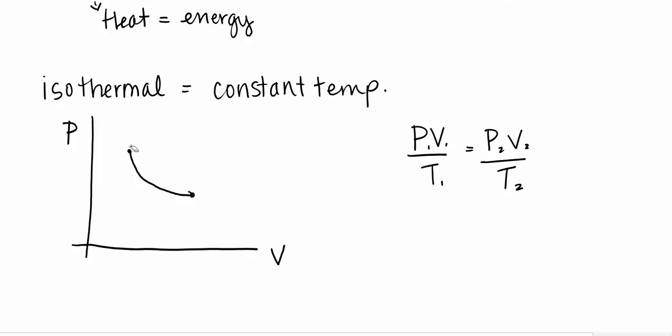So if this were a process we were looking at in which we were purposely causing the temperature to remain constant, and this is point A and this is point B, going from A to B, is there work done by the gas? Yes, because it's expanding.